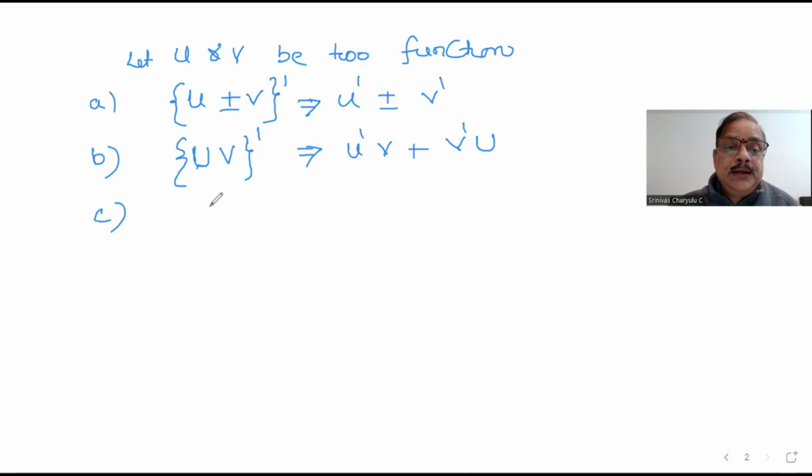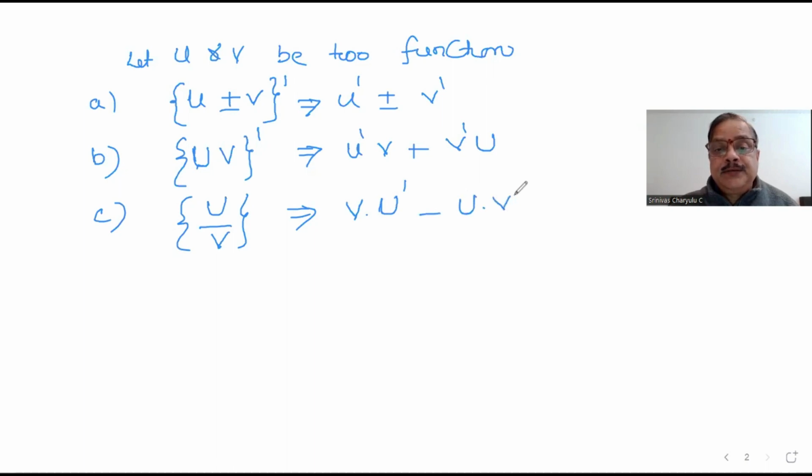Next, the third one, division. If I'm having a division of these two functions, then denominator into differentiation of numerator, that is u dash, minus numerator into differentiation of denominator, divided by denominator square, where v is not equal to 0.